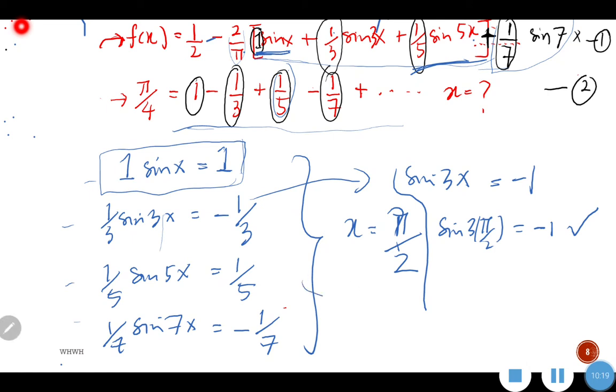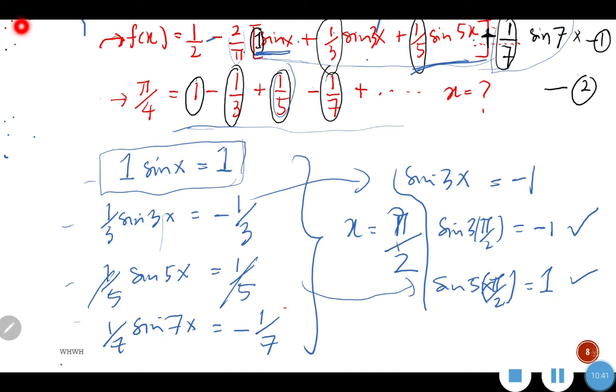Then you try this one. Okay, yang ni kan 1/5 boleh cancel. So sin 5x, x sama dengan pi over 2. Is it equals to 1? Okay, 5 darab 90 sin 450 degree. If you press the calculator, yes, it will give you positive value of 1.